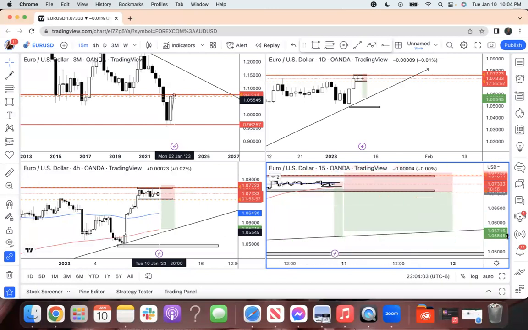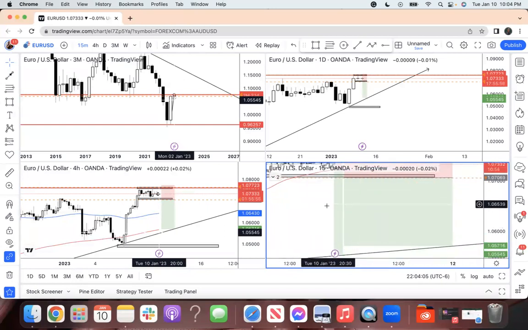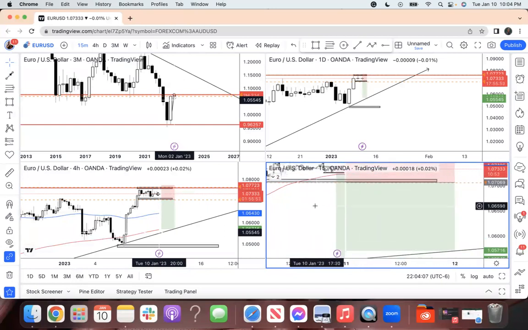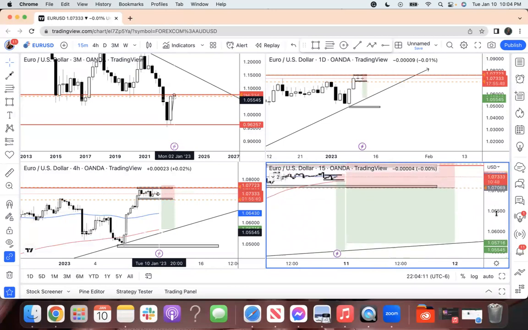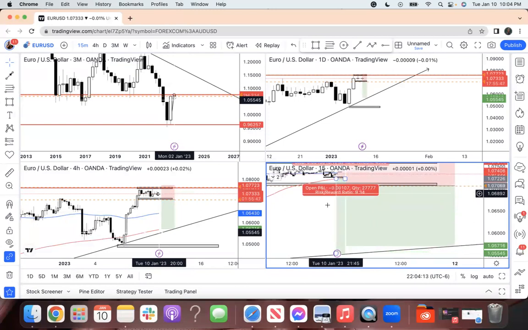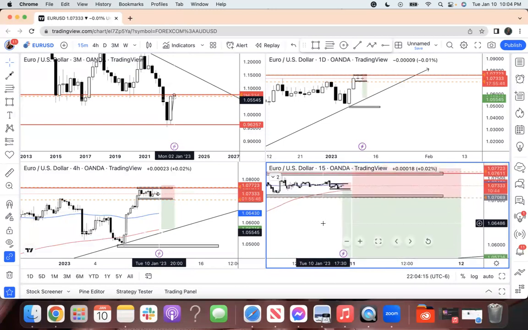What I like to do is leave my positions running. So I don't like to put in a hard stop loss, I'm sorry, a hard take profit. So initially I was saying a 2-to-1 risk to reward ratio.